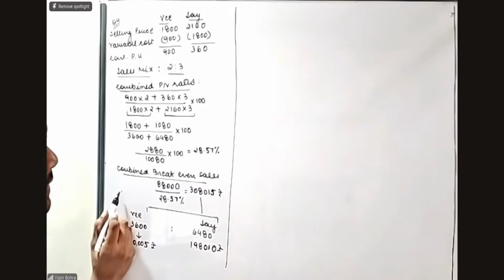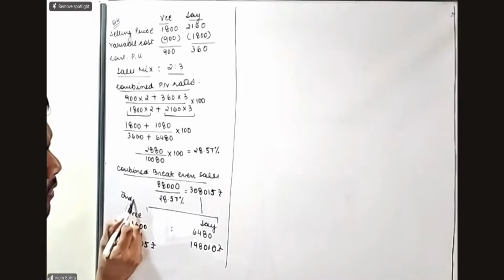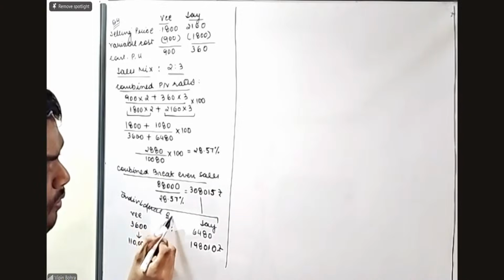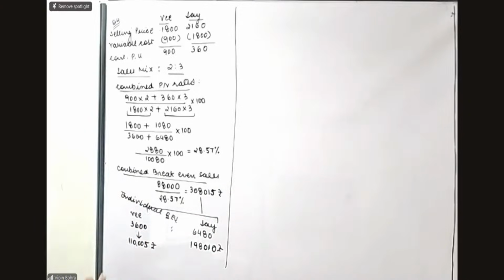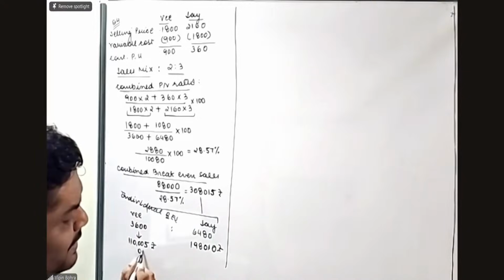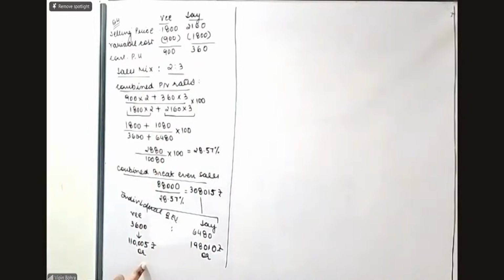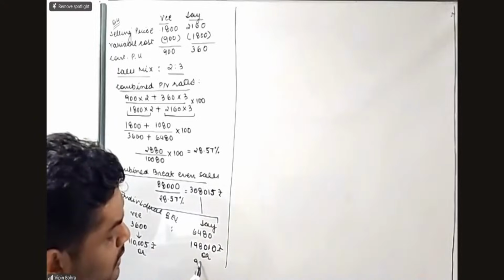This is basically my individual break-even sales for the two products. Further, if you want to calculate it in units also, we can simply divide it by the selling price, that is 1800 and 2160, and we will get the number of units. So this will be 92 units.